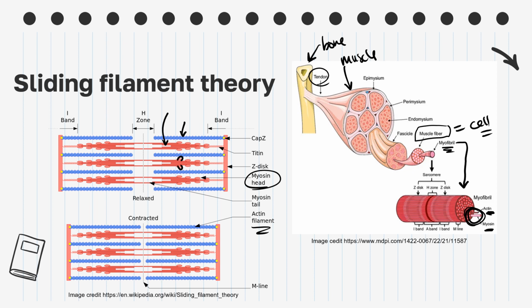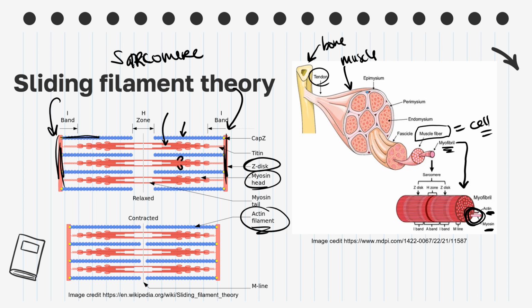In this functional unit of a muscle, which is called a sarcomere, we have kind of ends, and we call those ends the Z discs. Z discs are the ends of the sarcomere. So Z disc here, Z disc here. The Z disc is attached to the actin. Again, we've got our actin filaments in blue. We have our myosin in red.